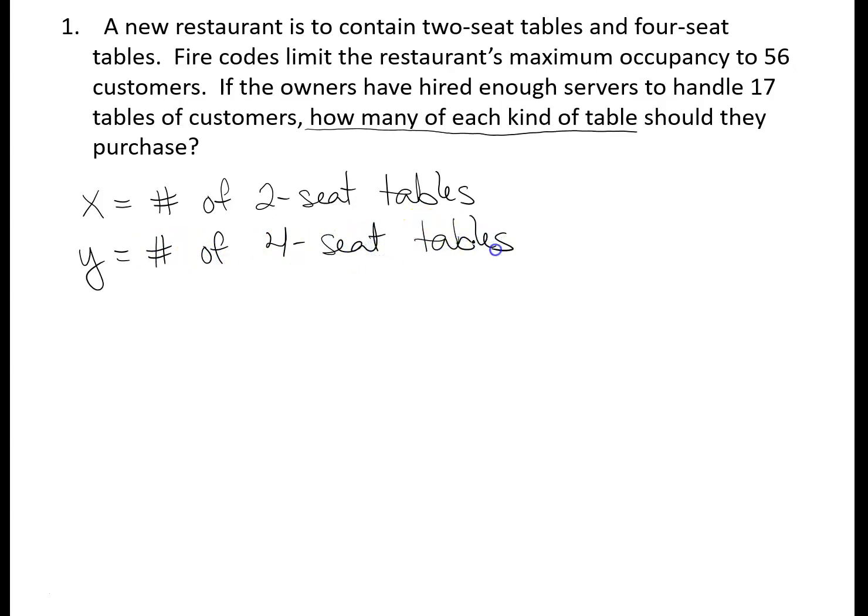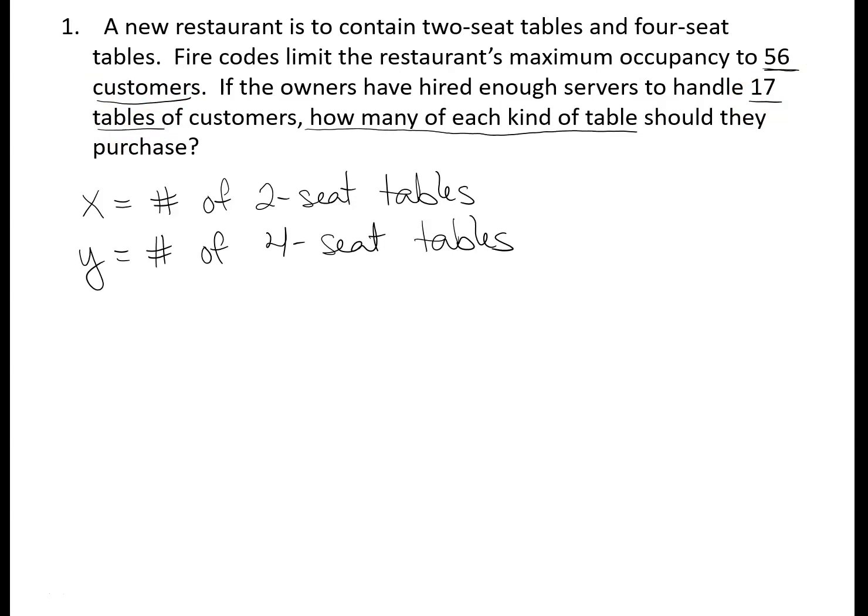All right, so we've got 2 variables. Then we need 2 equations. You always need the same number of equations as you have variables. So there are 2 totals given. They tell us 56 customers and 17 tables.